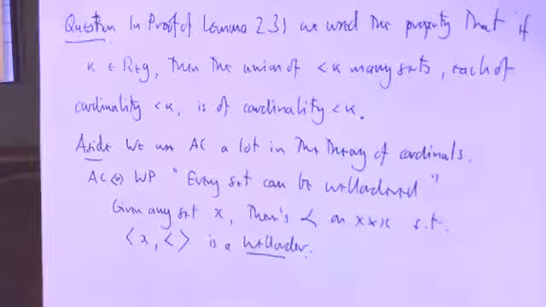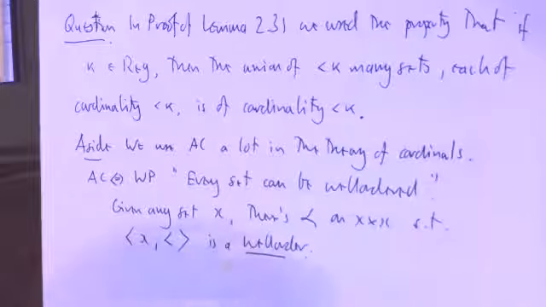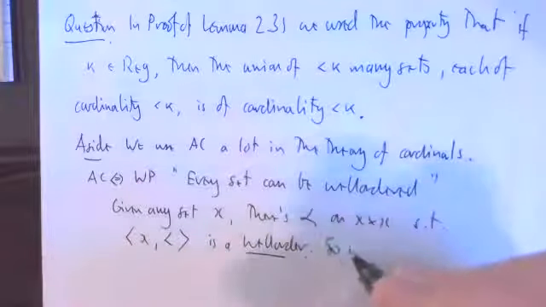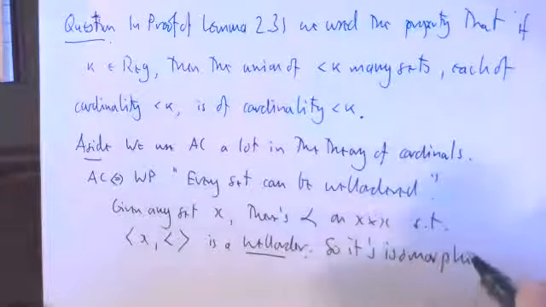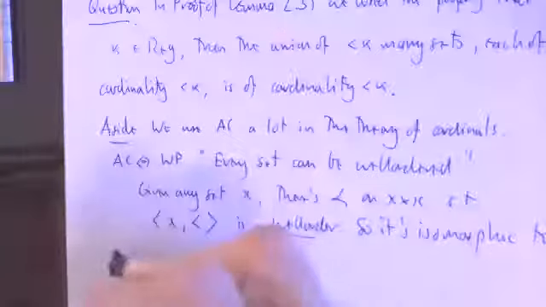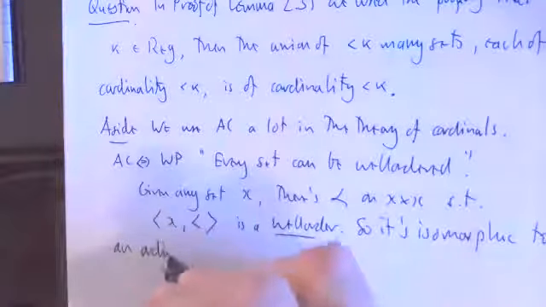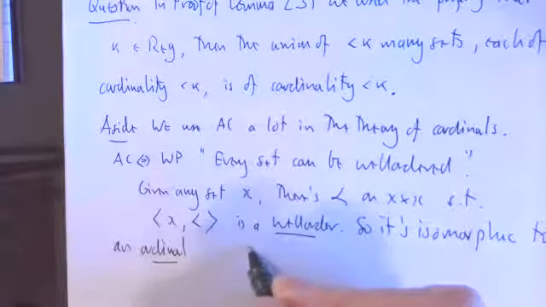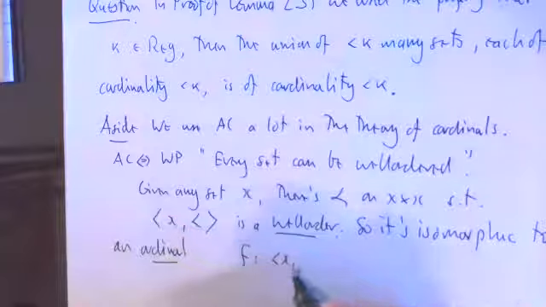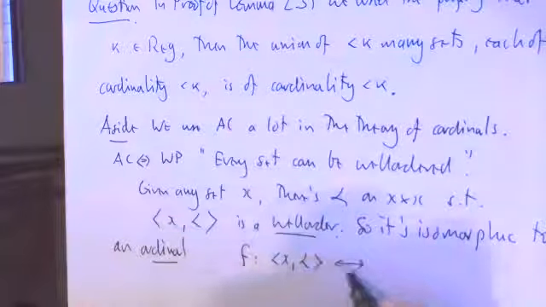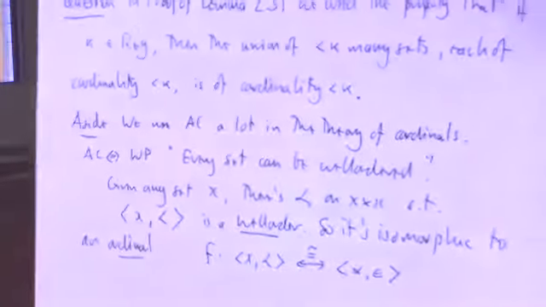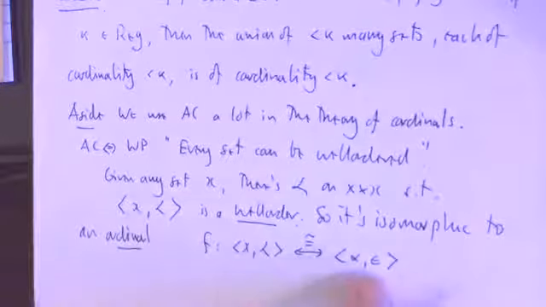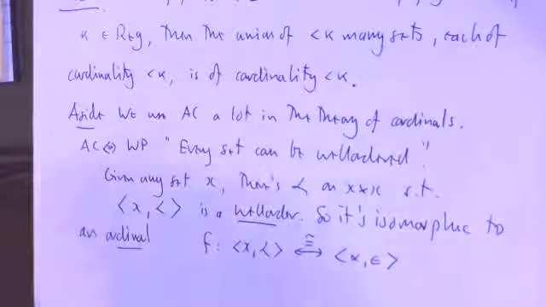Now we use the fact that any well order is isomorphic to an ordinal. So I say that there is some f that goes from X with less than isomorphically, so a bijection which preserves the order, to an ordinal, alpha, say, and less than coincides with epsilon on ordinals.